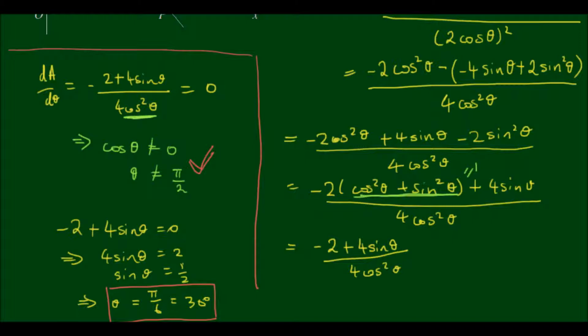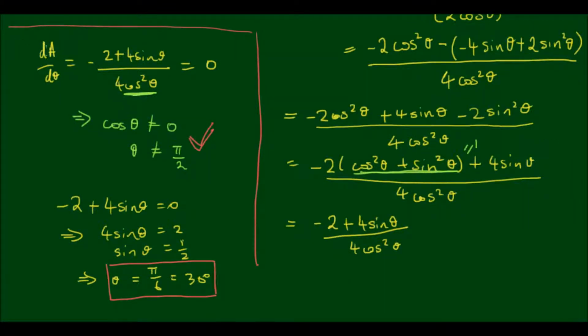Now, if it is the only stationary point, it pretty much only has two possibilities, to be either a maximum or a minimum. And if we wanted to find the maximum or the minimum mathematically, we would have to take the second derivative of the area. We've got a nasty cos squared theta here, and it's going to make the differentiation quite tedious.